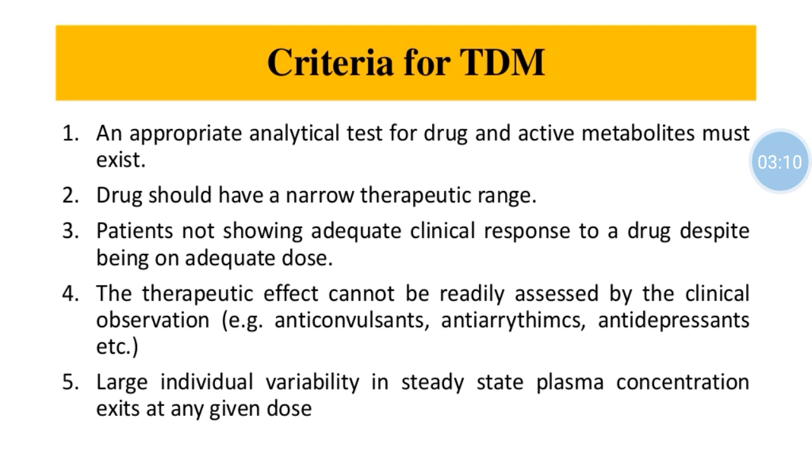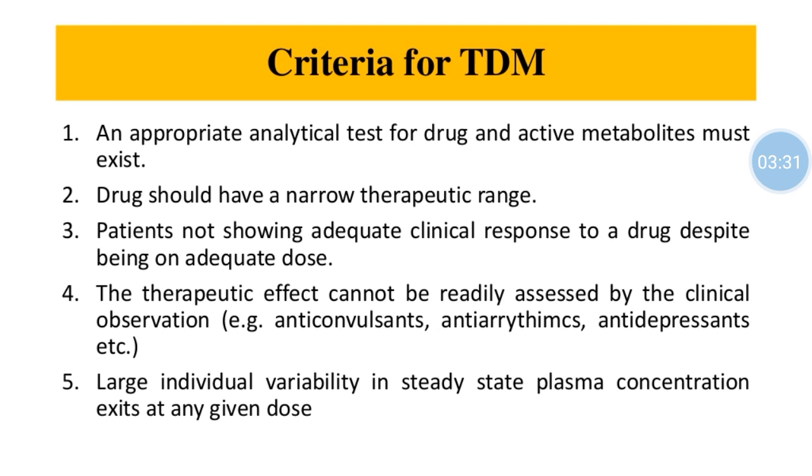And at a large dose, if the dose of an anticonvulsant or antidepressant is increased, they will produce very toxic effects in the patient also. Large individual variability in steady state plasma concentration exists at any given dose. So variability is there in the steady state plasma concentration at any dose.